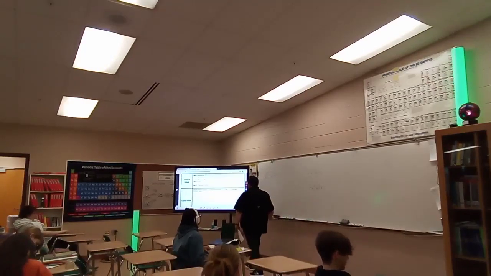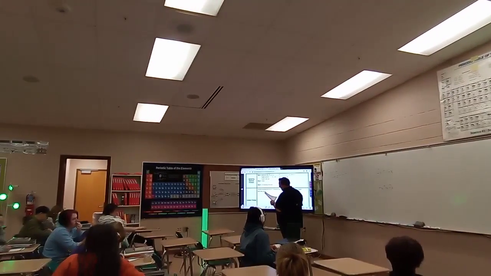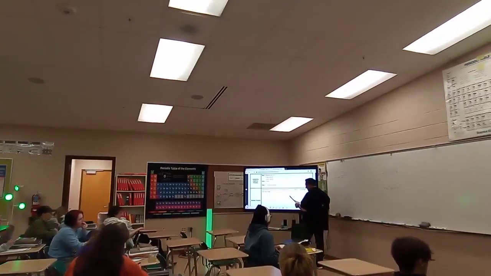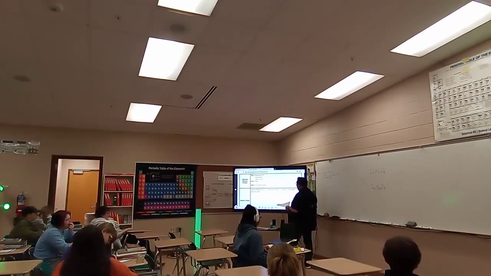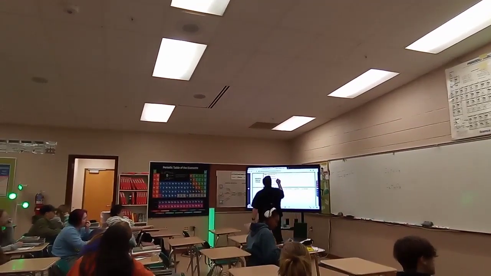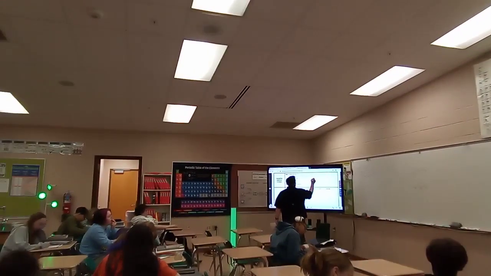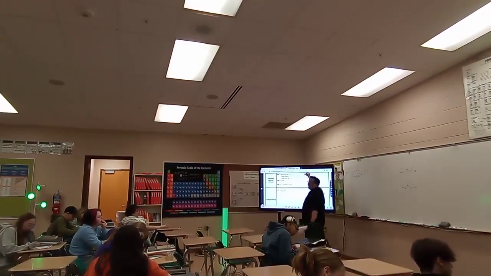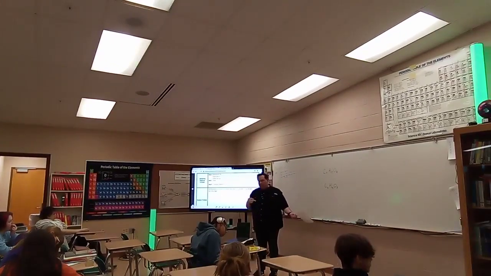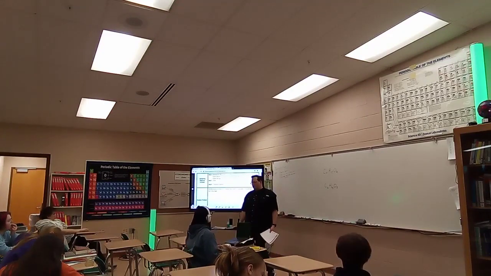So each thing you have is grams instead of percents. If you're given the mass, all you got to do is convert to moles. So if you're given a percent, you change it to mass and then convert it to moles. If you're given the mass, you just convert it to moles, okay?